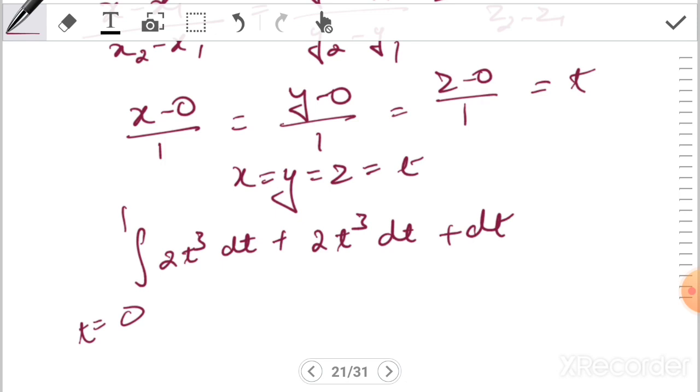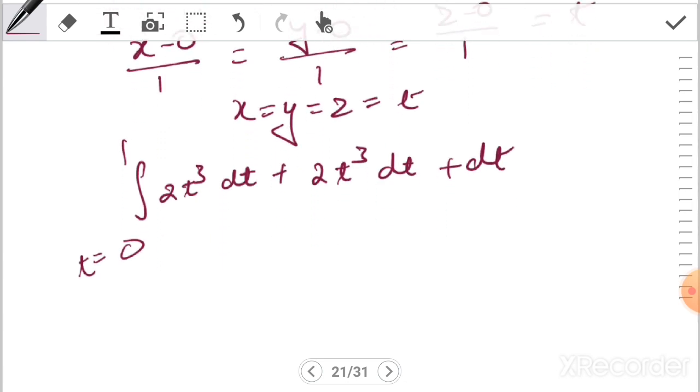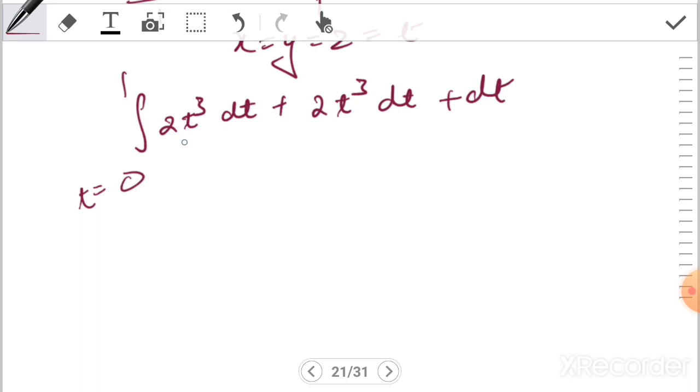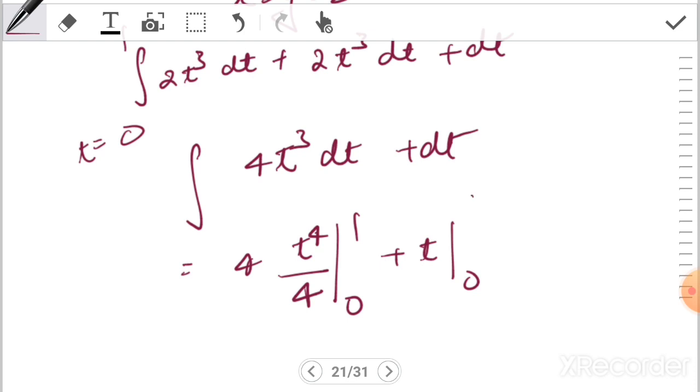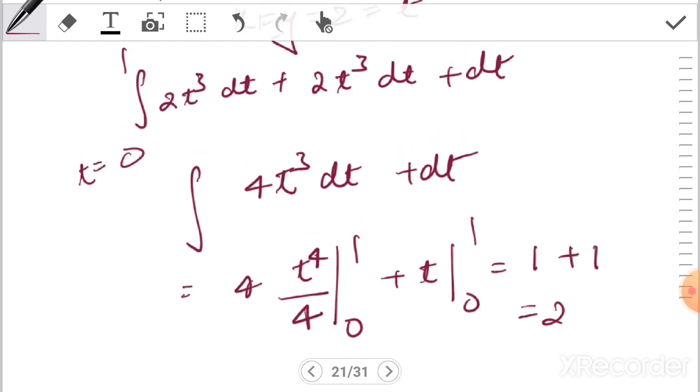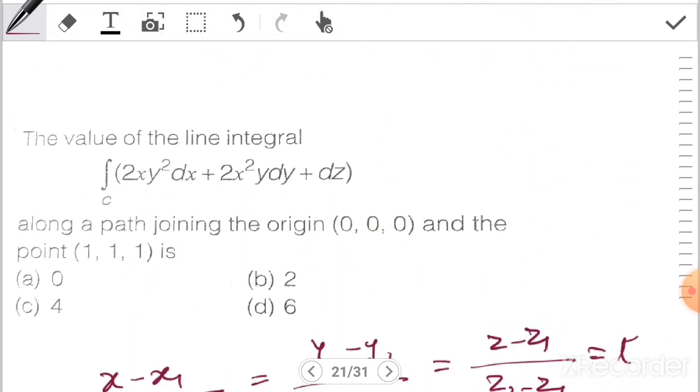So which is 4t cube dt plus dt. So 4t raised to the power 4 by 4 from 0 to 1 plus t from 0 to 1, which is equal to 1 plus 1 and equal to 2. So 2 is the right answer.